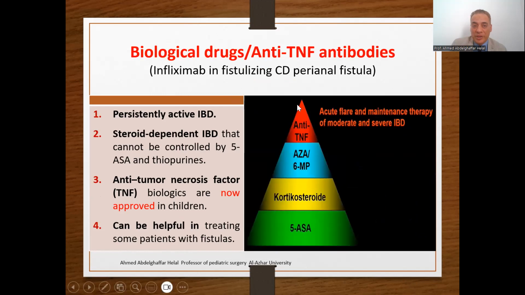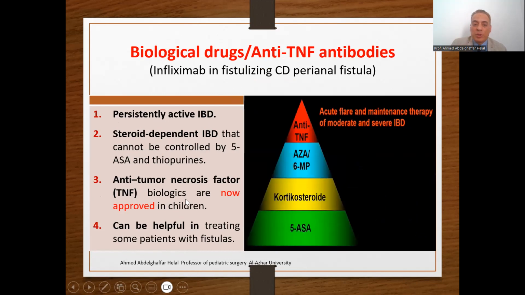The fourth group is the biological drugs, anti-TNF antibodies. These biological drugs control acute flare and provide maintenance therapy of moderate and severe inflammatory bowel disease. They are used for persistently active IBD and steroid complications.